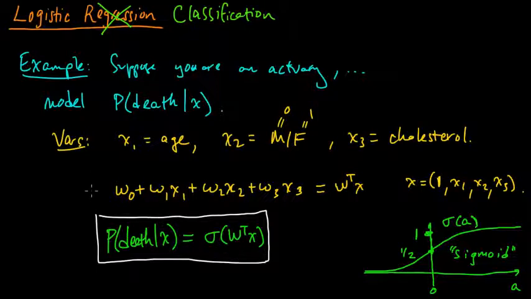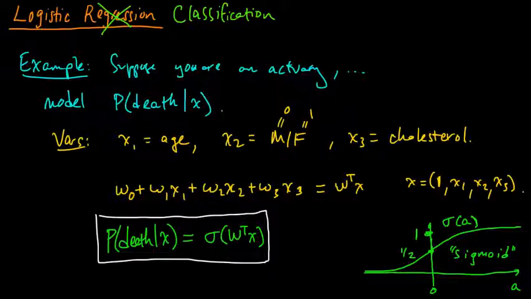We're only going to talk about binary classification here. You can extend logistic regression to multi-class classification in a very natural way, but at least in these videos for now, we're only going to talk about binary classification.